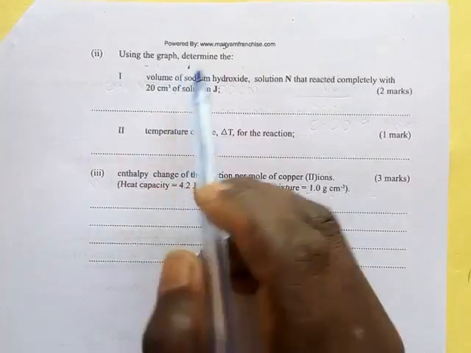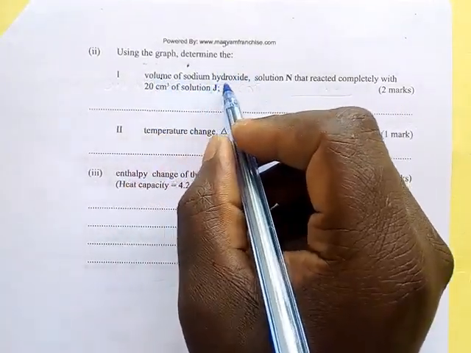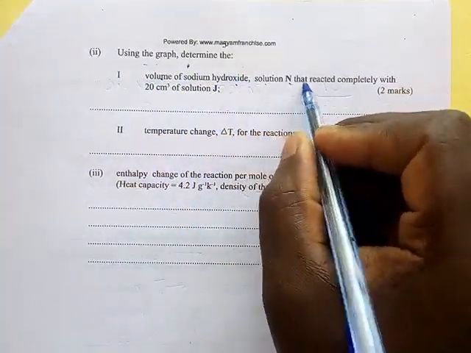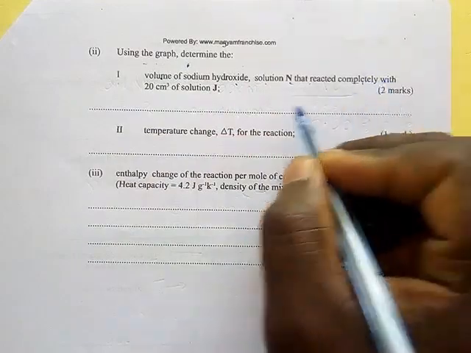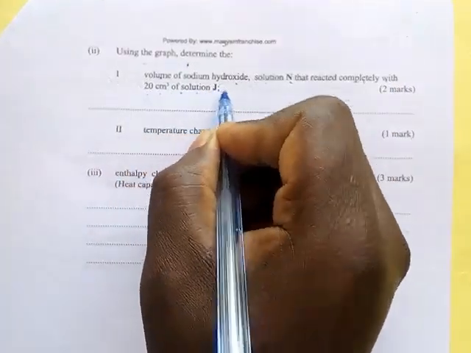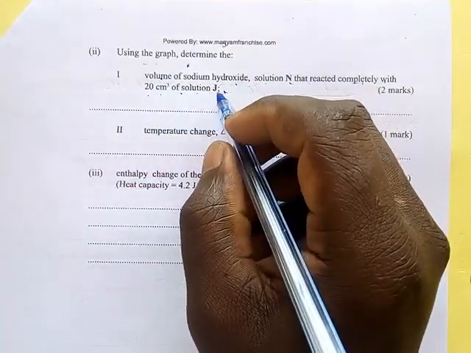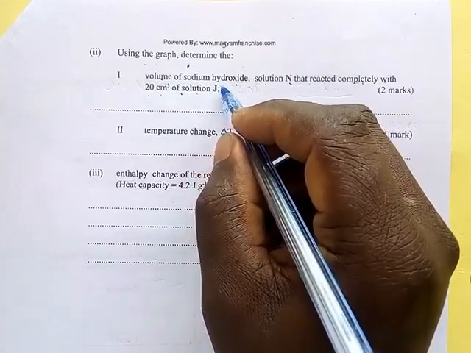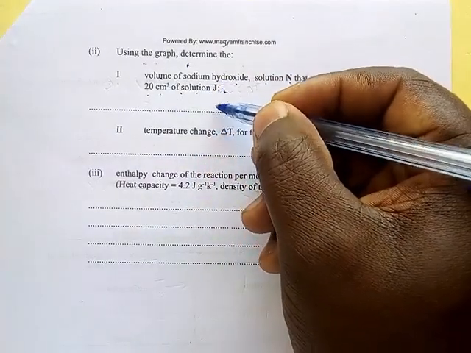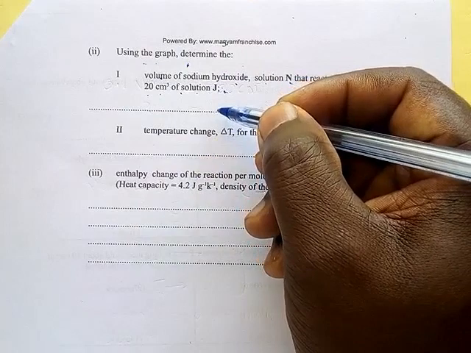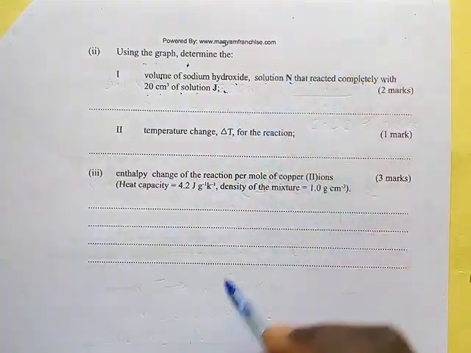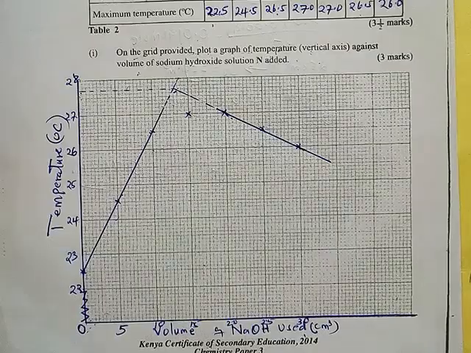Using your graph, determine the volume of sodium hydroxide solution N that reacted completely with the 20 centimeters cube of solution J. So this is where we have the maximum temperature. We go down to where we have the volume.